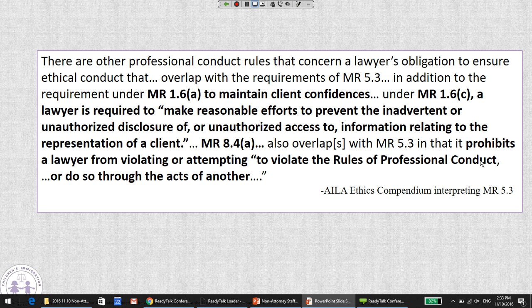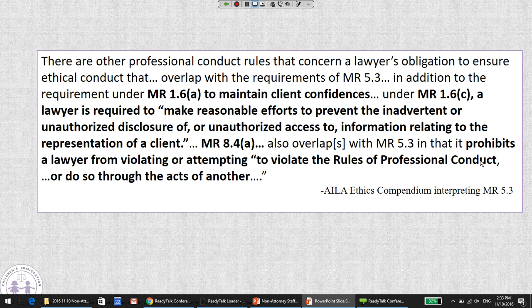You can see here that 1.6a is the duty to maintain client confidences. 1.6c is that a lawyer is required to make reasonable efforts to prevent the inadvertent or unauthorized disclosure of information relating to the representation of a client. There's 8.4a also that prohibits a lawyer from violating the rules of professional conduct or doing so through the acts of another. So that's kind of how all that wraps together, right?